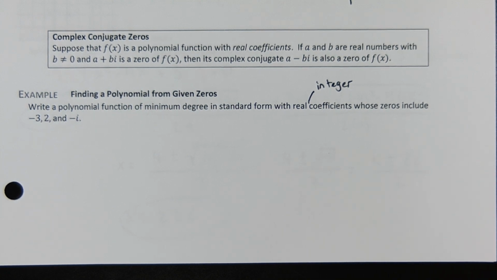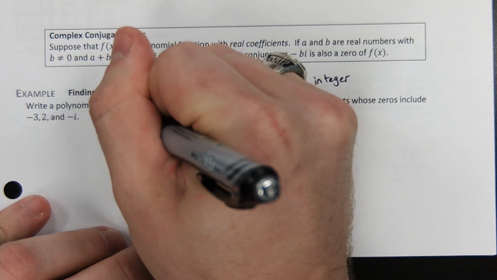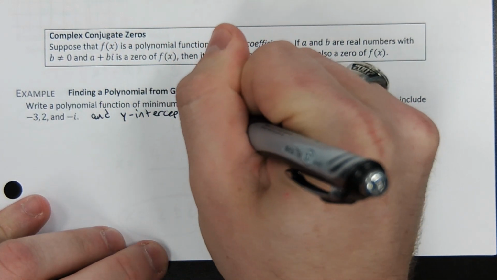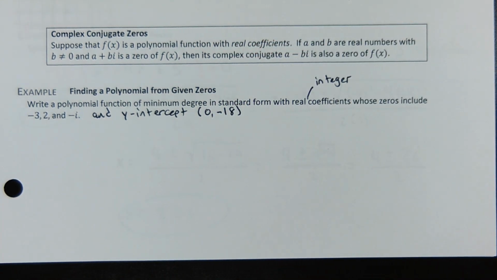I'm telling you that the zeros include -3, +2, -i, and y-intercept 0, -18. There. I realized after the fact that I wanted the question to be a little bit better. So I added a restriction.